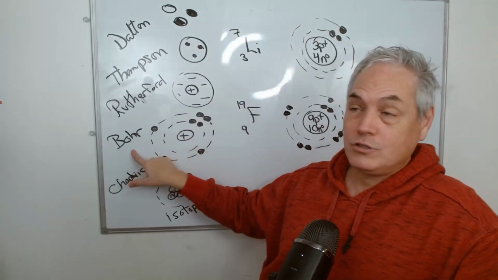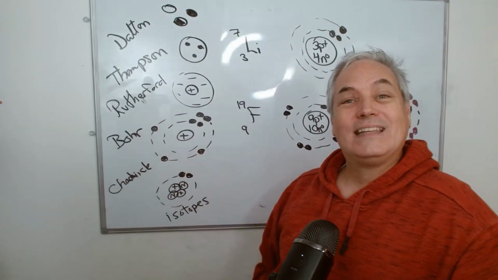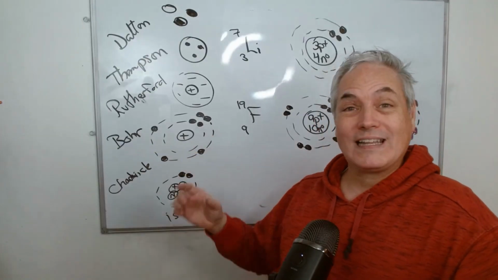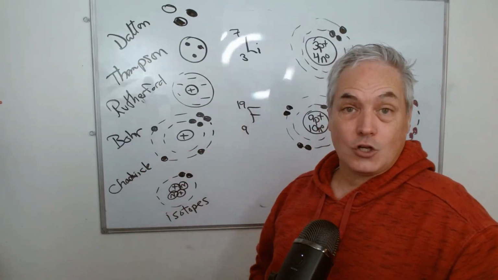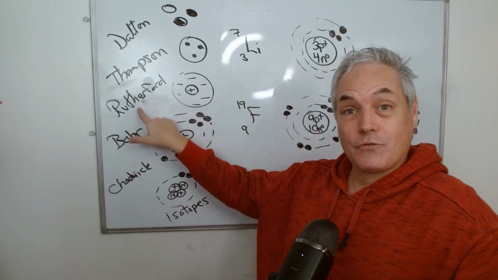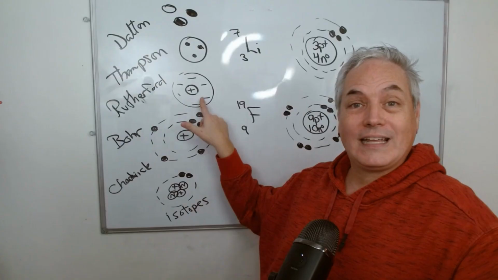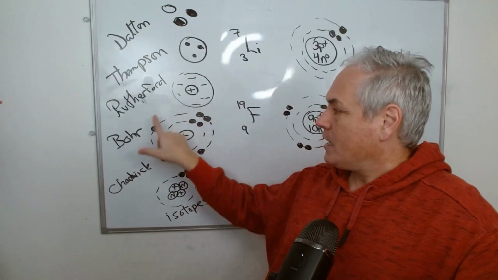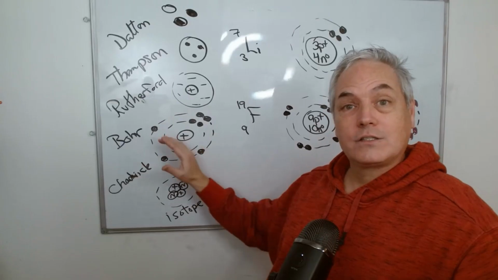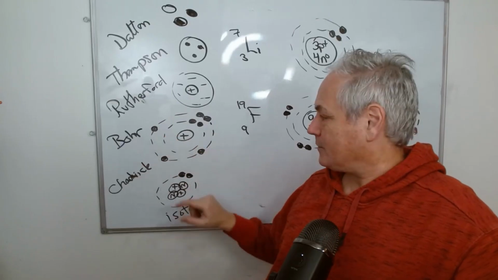Bohr was his student, and he discovered that electrons have energy and are found mostly in specific places around the nucleus. So he used his professor's structure with most of the density in the nucleus, but put layers, or shells, where electrons would be.